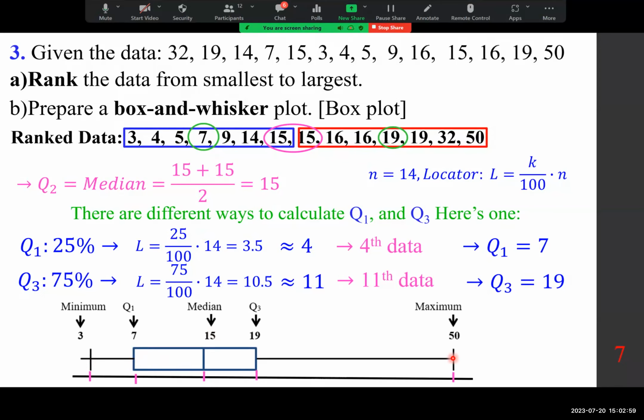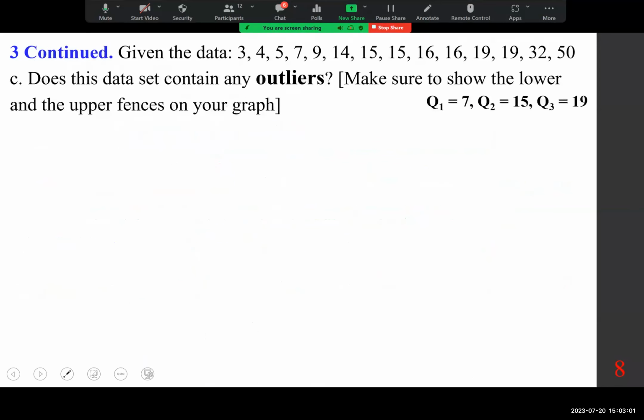Now we continue with this same question, and we want to see if it contains any outliers. In short, the definition of an outlier is something which is way out, it's not of the norm, but more specifically, we are going to define it mathematically, so we know precisely what is an outlier.